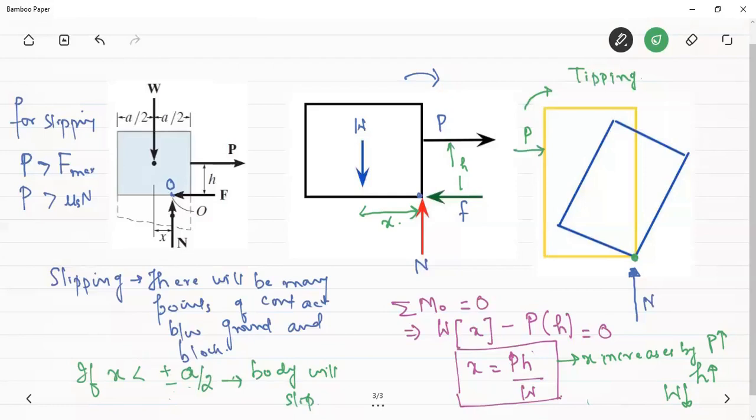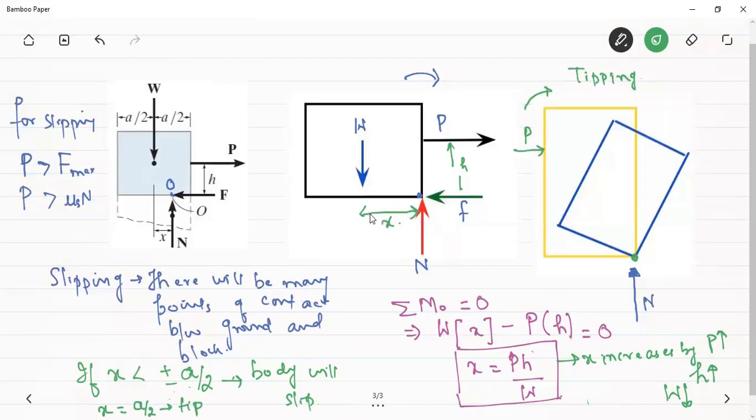Because there will be a normal reaction, and that normal reaction will be within the range of a by 2. And if x is equal to a by 2, this will be the case when the body is tipping, because the normal reaction is lying on the extreme end.